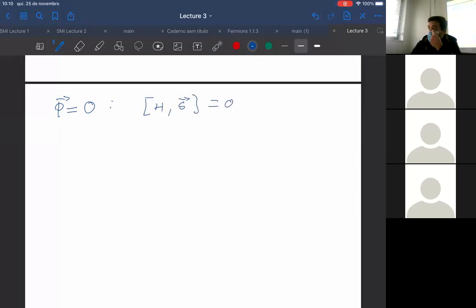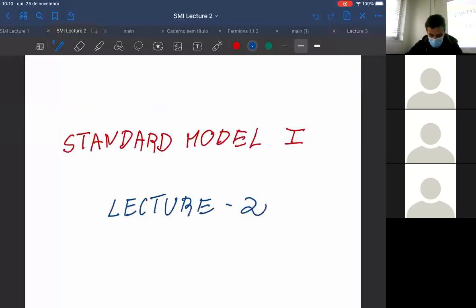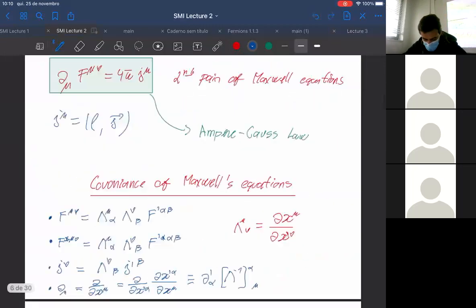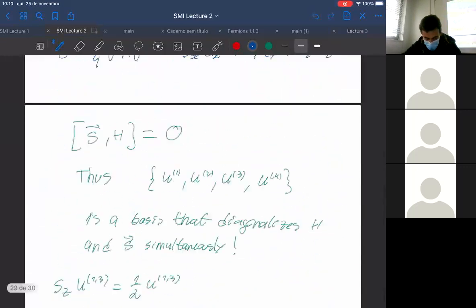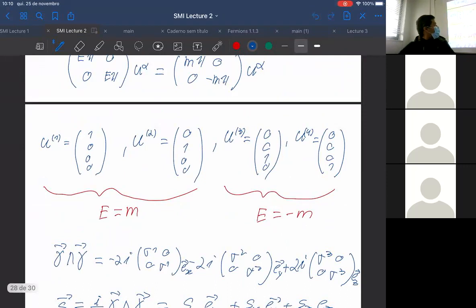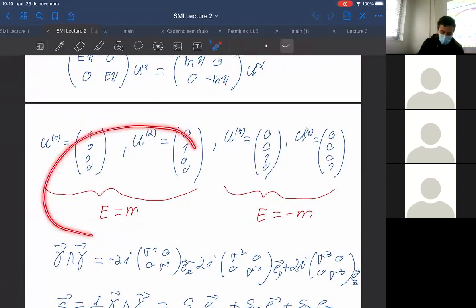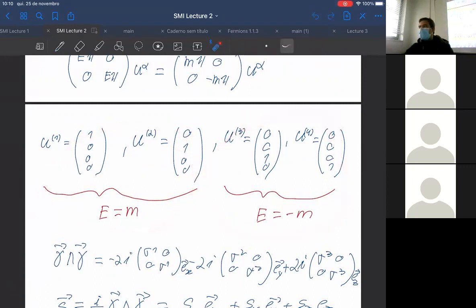In fact, if you remember, let me go to the end of the other lecture. If you recall, these were the solutions, and there was degeneracy here: two solutions with positive energy and two solutions with negative energy.